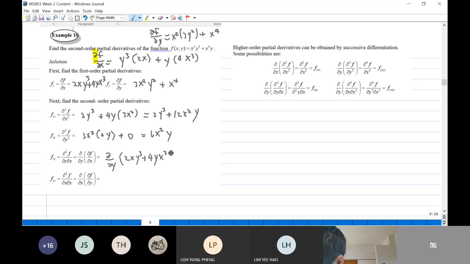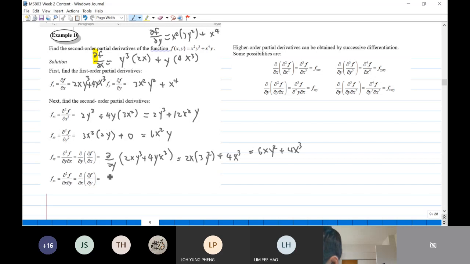Then differentiate with respect to y: you get 2x times 3y squared, then 4x cubed, differentiating y gives 1. So this is actually 6x y squared plus 4x cubed.